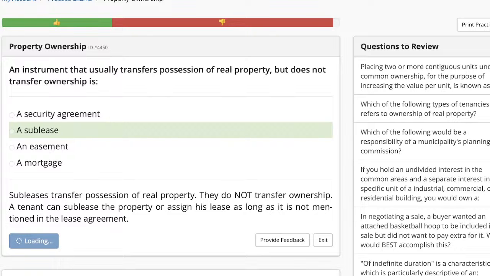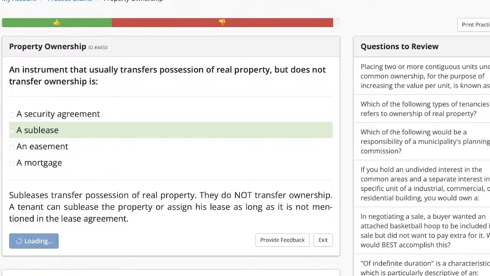So the gross lease is the most common. That's your average rental, your average residential rental. You pay a set amount. So when you rent a property, when you live there, that is just a gross lease.